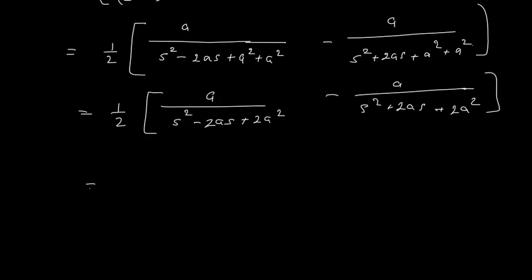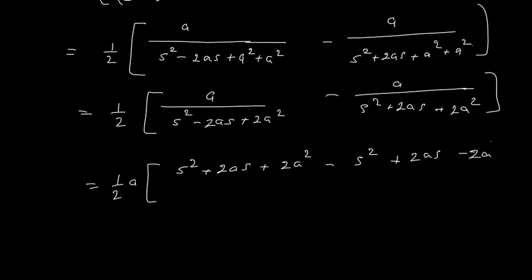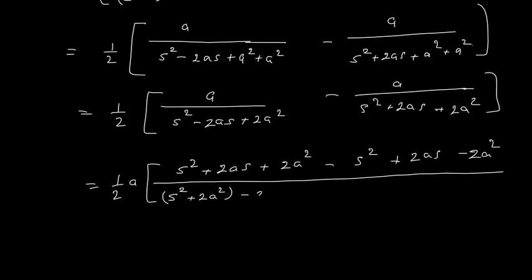I can take a common now, so 1 by 2 a we will take common, and when I cross multiply, here I will get s square plus 2as plus 2a square, then I have minus s square minus 2as plus 2a square, and in the denominator I have s square plus 2a square minus 2as into s square plus 2a square plus 2as.